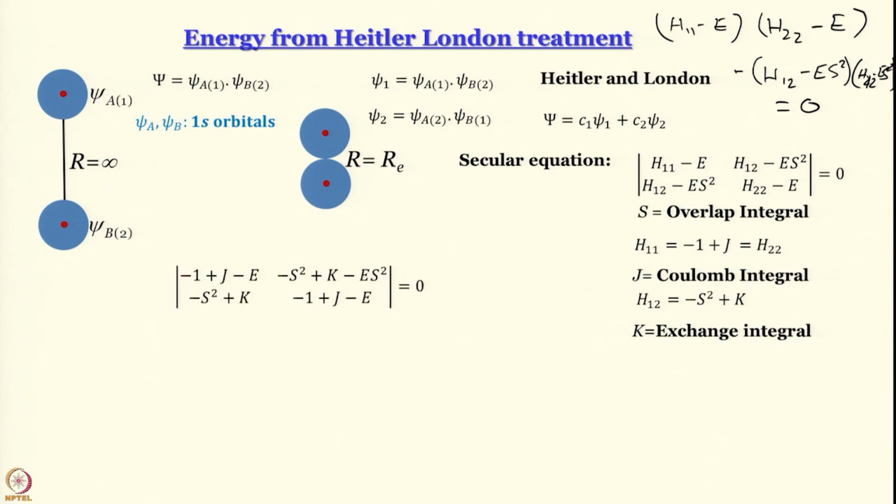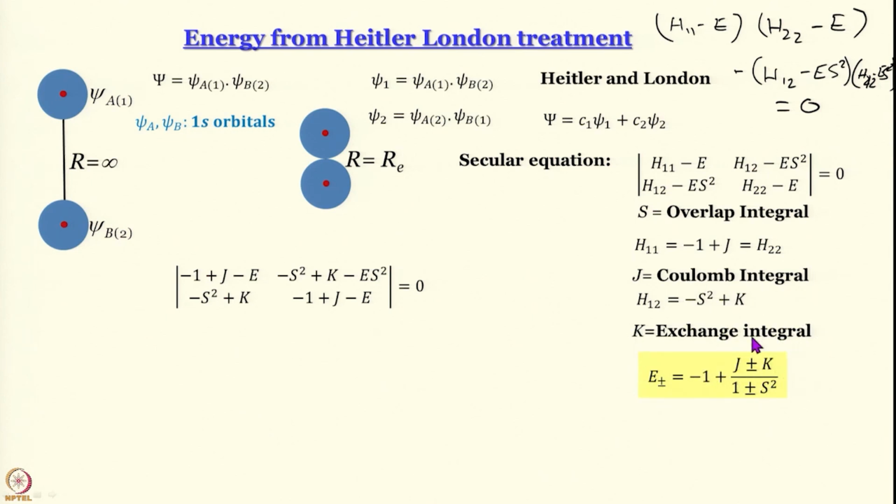Okay. Well, before that, sorry, I forgot this step. This secular equation of course has to be written in terms of these overlap integrals, or you can just take this and substitute here, and the 2 roots of this quadratic equation turn out to be E plus minus equals minus 1 plus (J plus or minus K) divided by (1 plus or minus S square).